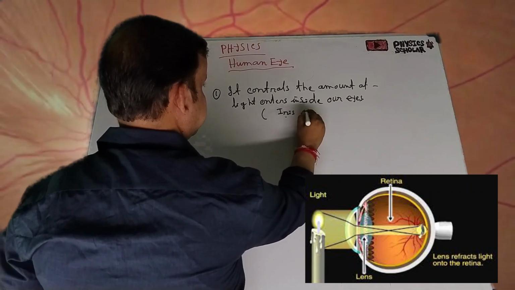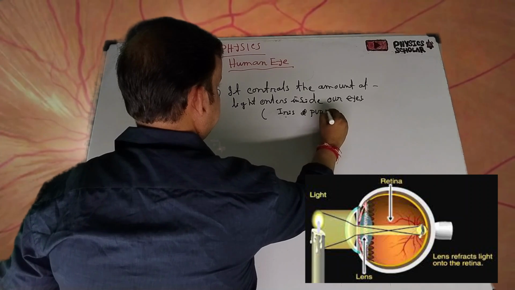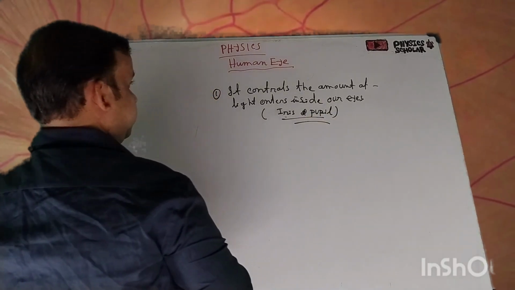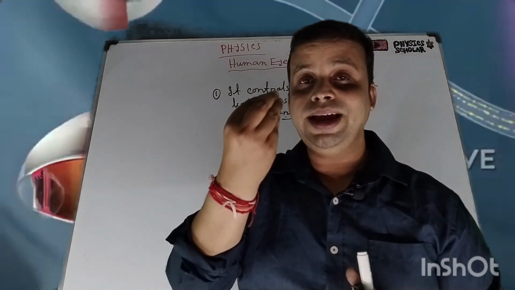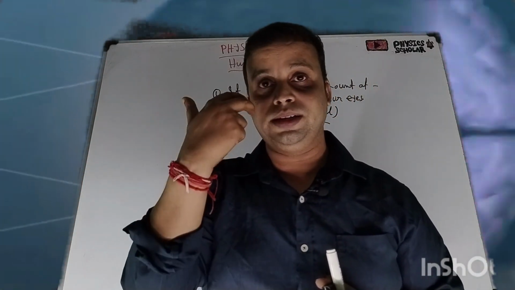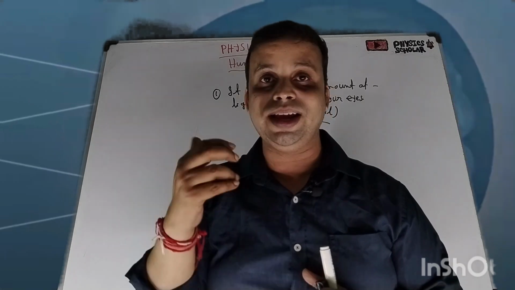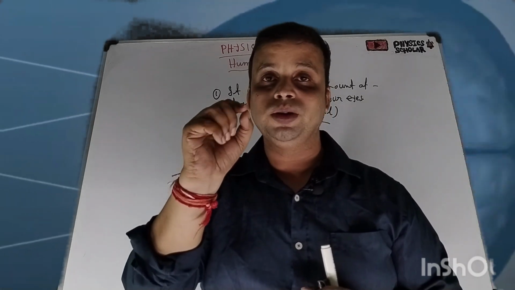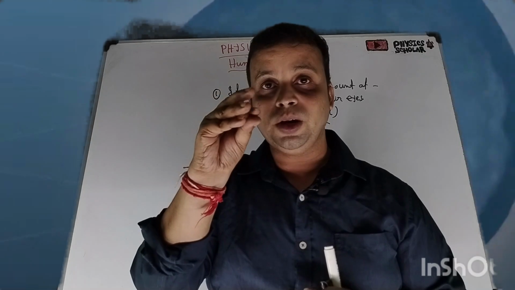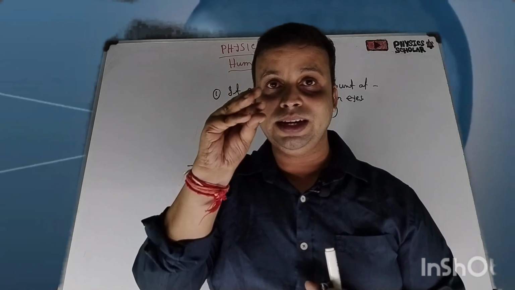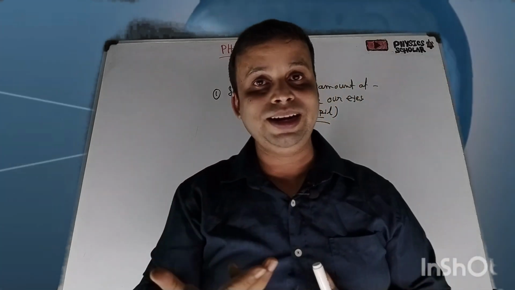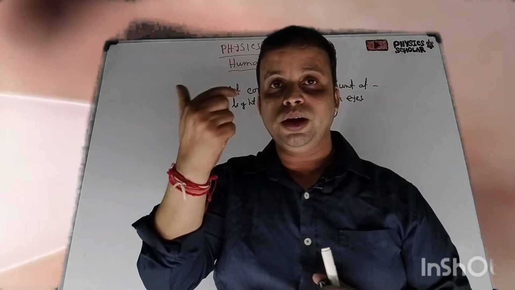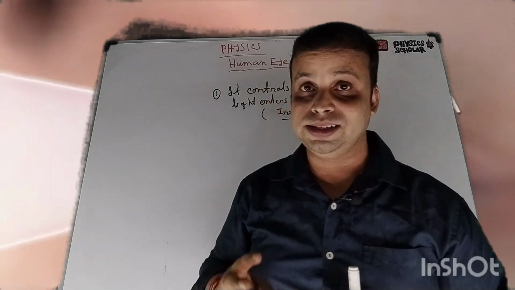I will explain in detail, iris and pupil actually do this. When the light falls, all the light we cannot let go inside our eyes. So there is a hole, which will either expand or contract. Either the radius of the hole will increase or decrease, and that hole is known as the pupil. I will explain in detail. So it will control how much light will enter our eyes.